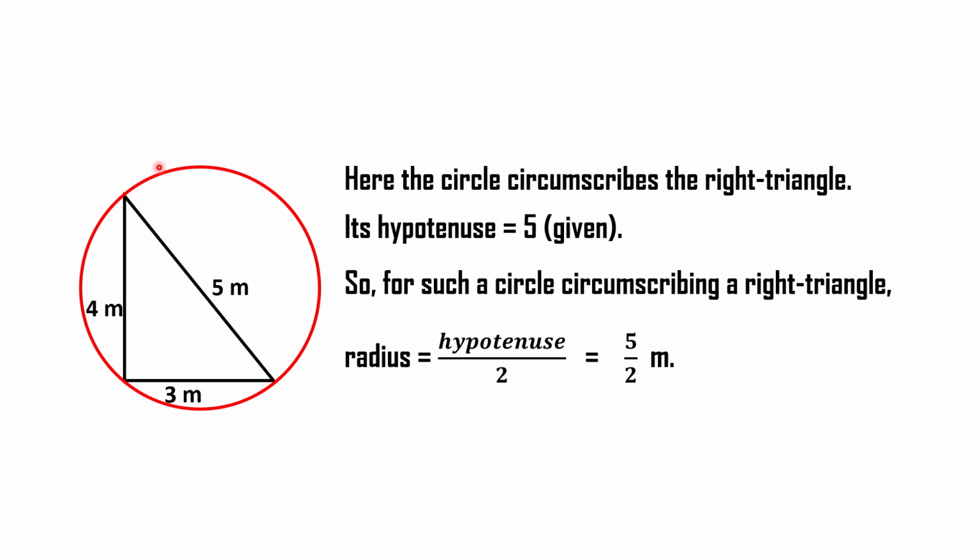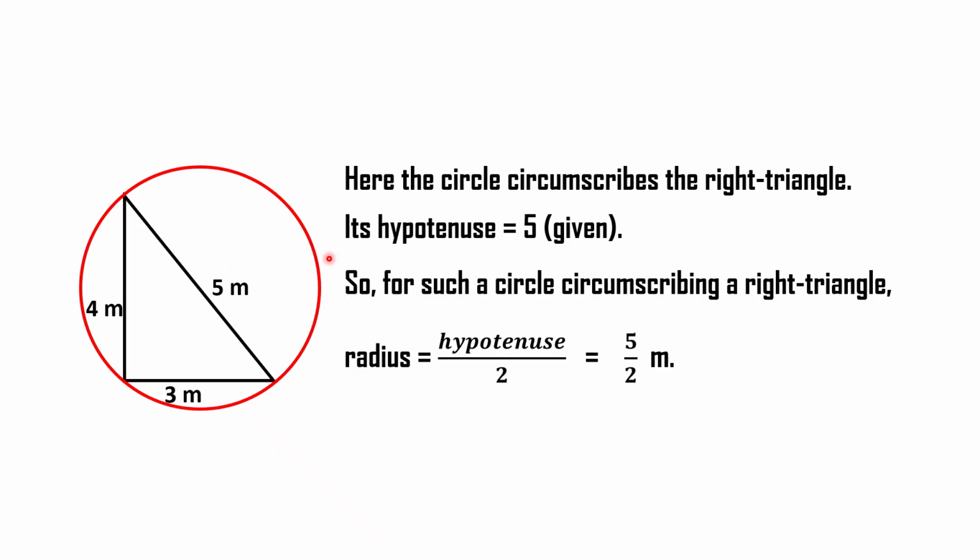When a circle circumscribes a right triangle, the hypotenuse is the diameter, so the radius will be hypotenuse by 2. The hypotenuse is the diameter, so the radius will be hypotenuse divided by 2, that is 5 by 2. So in this case, the radius is 5 by 2.